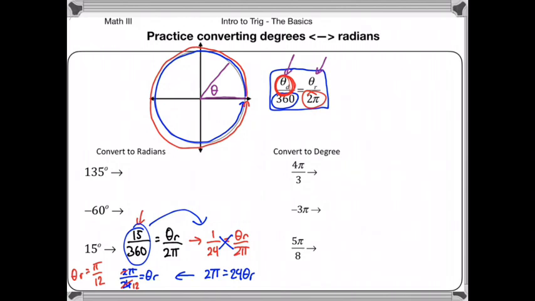In this case, I have 4 pi over 3, and I want to know how many degrees that is. So I'm going to plug that in to theta r and solve for theta d. So this is the way that I set this thing up. Now the right-hand side is going to be a little bit tricky if we have a fraction. So let's look at the setup up here and how to simplify that out to make this problem easier.